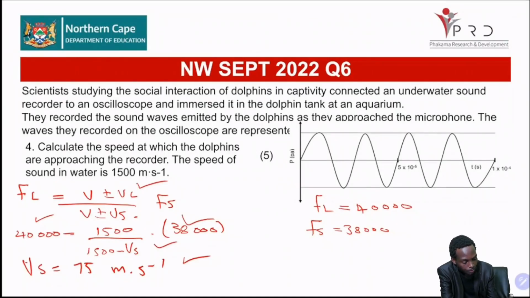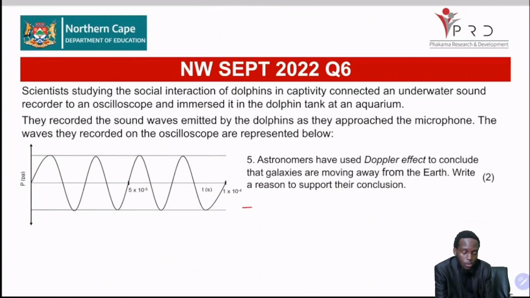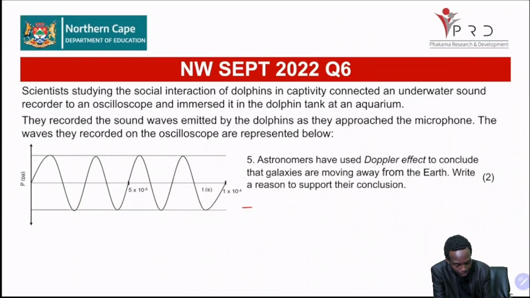Next question. Astronomers have used Doppler effect to conclude that galaxies are moving away from the Earth. Write down a reason to support their conclusion. Now, this is obviously redshift, blue shift. Redshift explains that the universe is expanding, right?